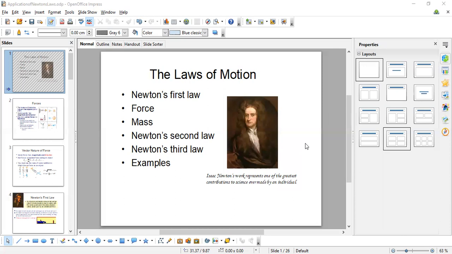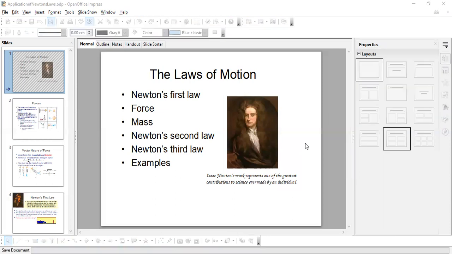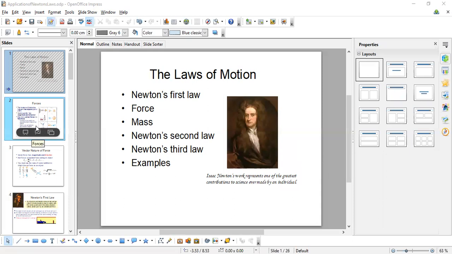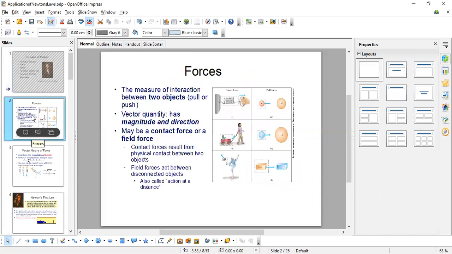The concepts of force, Newton's first law, force and mass, Newton's second law, and Newton's third law. And then we will talk about examples. So as discussed, the simplified explanation of force is a push or a pull, but it's more than that.